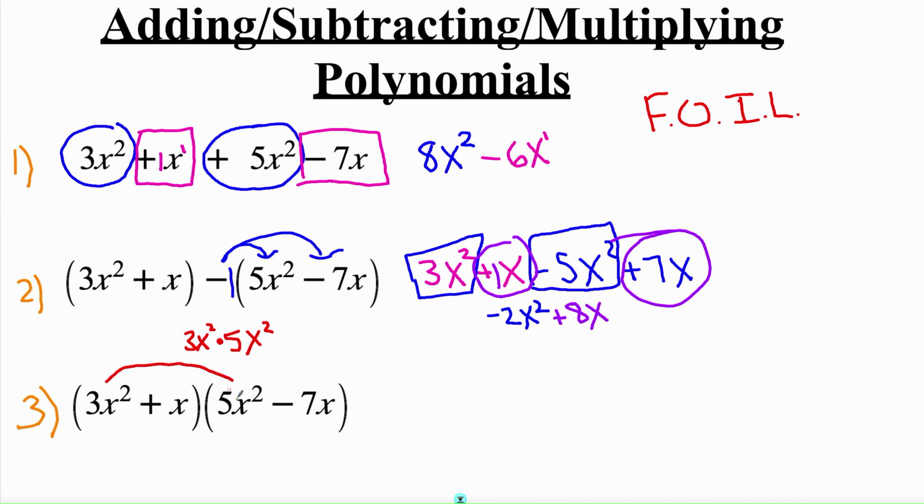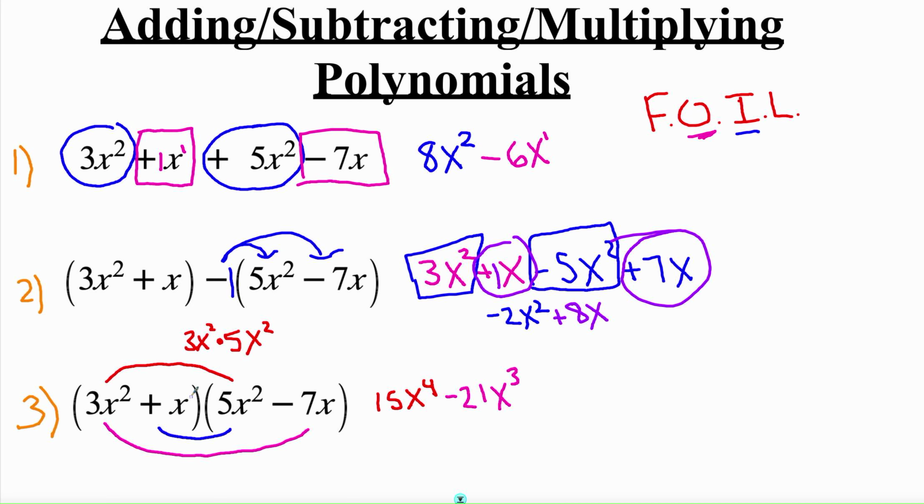So 3x squared times 5x squared gives me 15x to the fourth. Now my exponents are changing. Now I'm going to do the outer in each. So the outer term times the outer term here. That gives me minus 21x cubed. And now I'm going to look at the inner terms, the two inside terms.